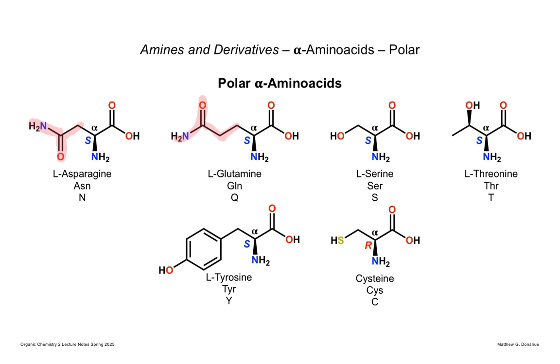Serine has a primary alcohol. Threonine is secondary, has a second stereocenter as well. Tyrosine looks like phenylalanine, except now you have an aromatic alcohol.